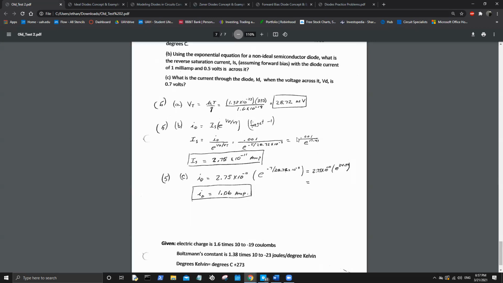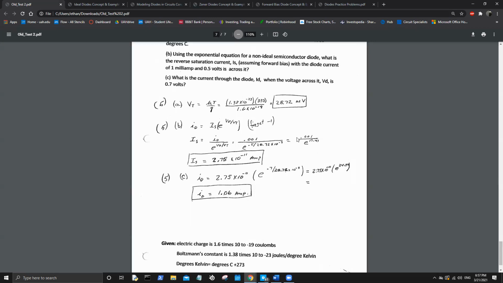But we still use IS, because here's an interesting concept. So we calculate IS. If I remember correctly, in 310, you're given IS as a constant most of the time. You don't compute it, it's just there. Like saturation current just is. And here he had us compute it as an exercise, I suppose.